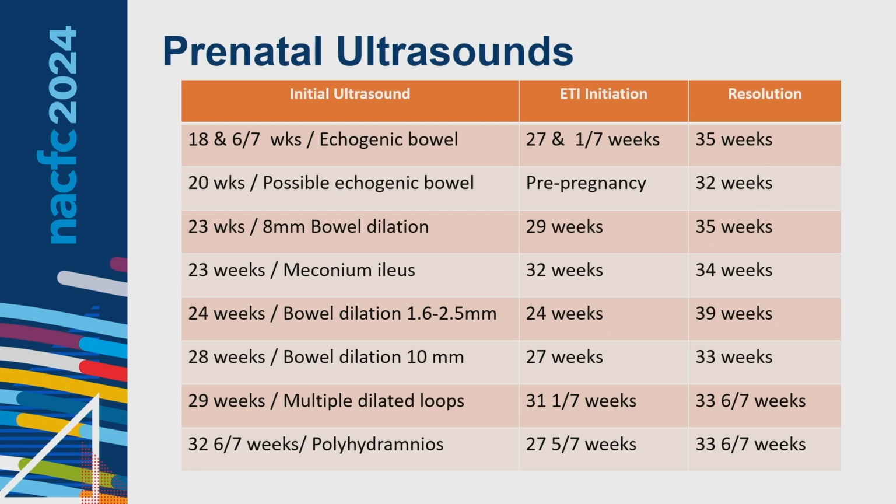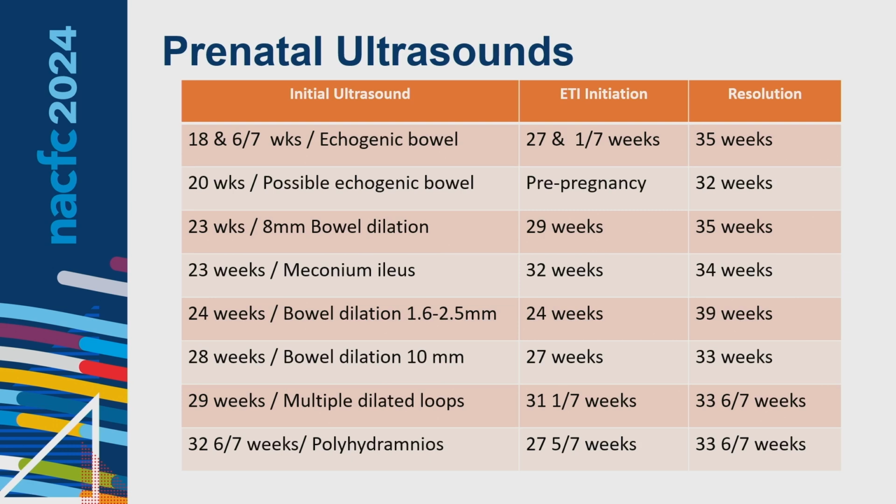So when we look at the ultrasounds in a broader view, we have a first identification just under 19 weeks of echogenic bowel, and the latest diagnosis of an ultrasound abnormality just under 33 weeks with the finding of polyhydramnios. For the bowel findings specifically, those ranged anywhere from just under 19 weeks to 29 weeks gestation. ETI initiation then varied somewhat across those groups.